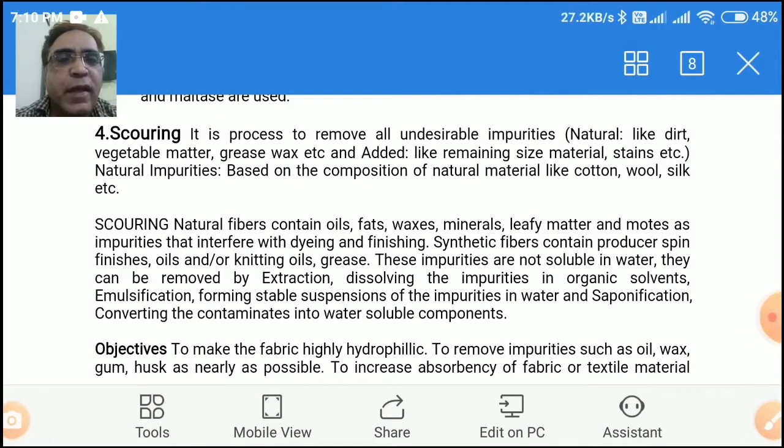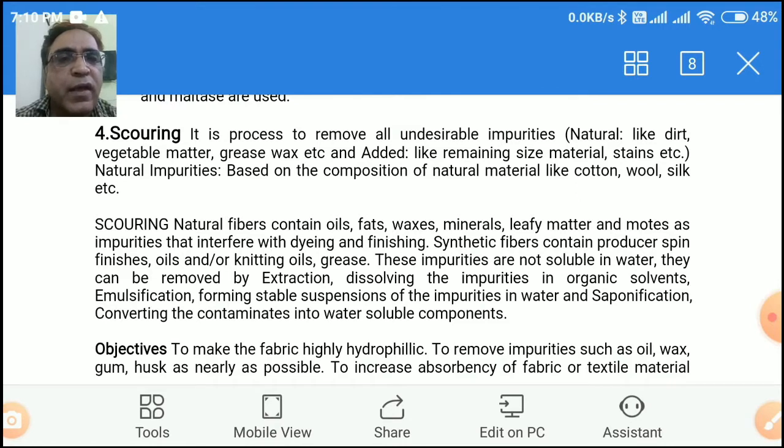In the previous lecture, I had discussed some processes for preparation of the cloth. These were the shearing process, in which fibers were removed by cutting from the surface of the fabric, and after that, for the cleaning of the surface of the fabric, we also discussed another process called singeing, in which the short fibers protruding from the surface of the fabric are removed by burning.